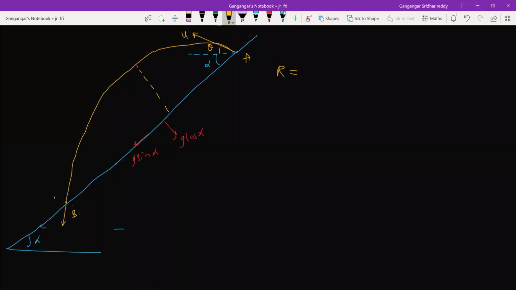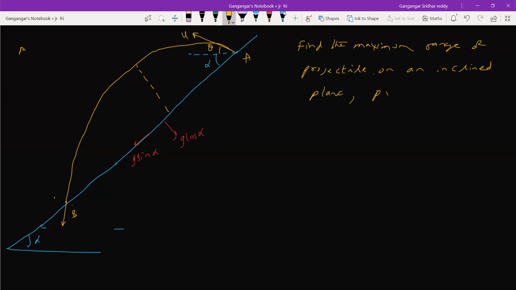Projectile, this is a maximum range. Find the maximum range of projectile in inclined plane, projected down the incline.